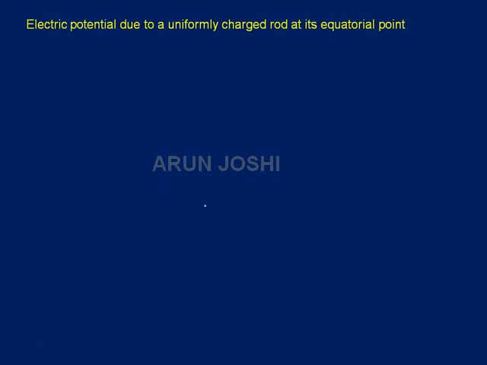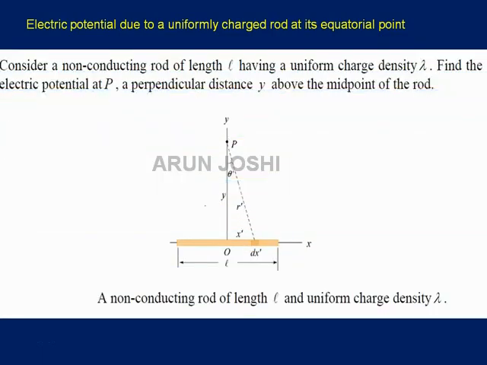Equatorial point, as I told you, is the perpendicular bisector point like this, at a point P at a distance y. Again, I know all of you know it. You will use the formula dV equals k dq by r.